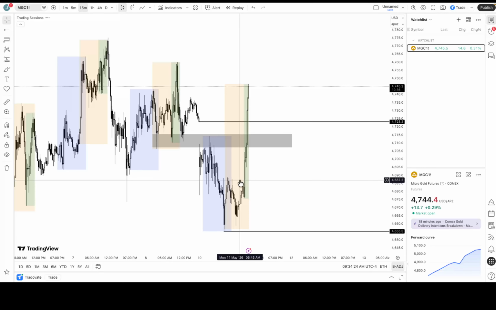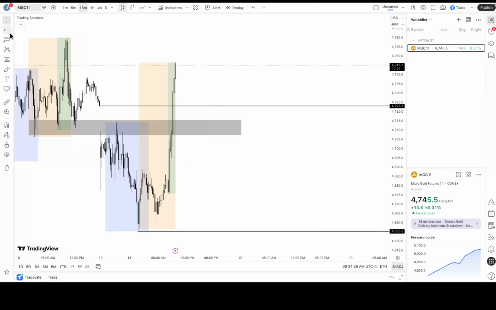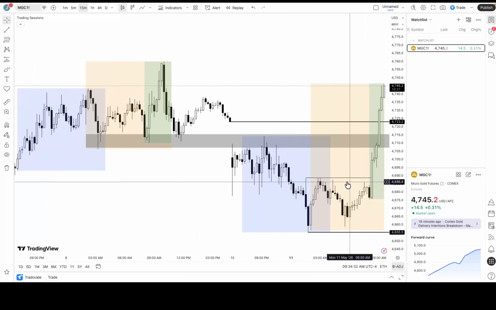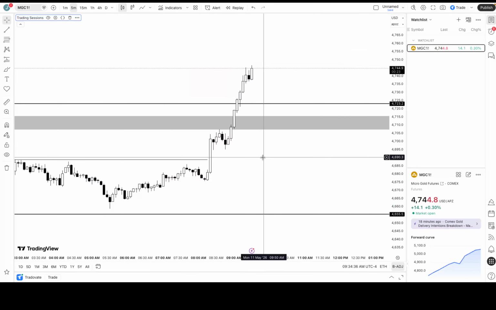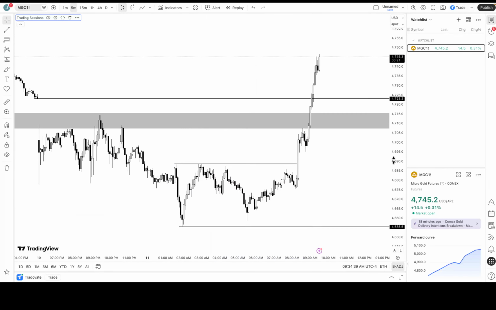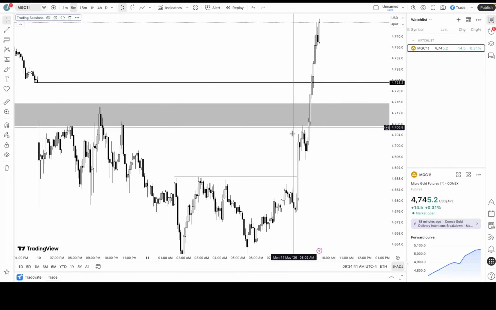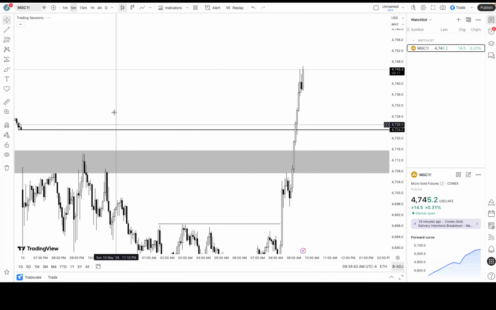I mean, even if I was looking for a breaker structure right here, right? We see a breaker structure right here, waiting for a pullback somewhere into the zone, and price just does this, not really something convicting, and then price rallies back up.